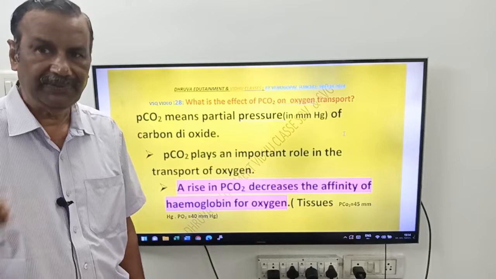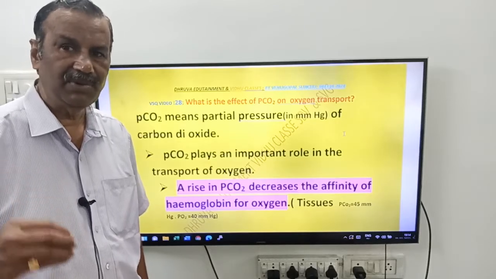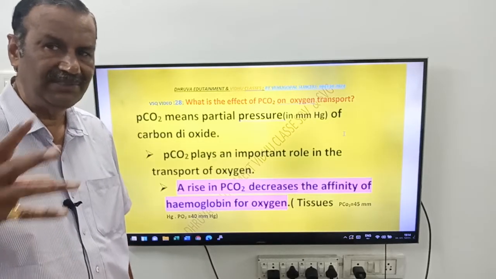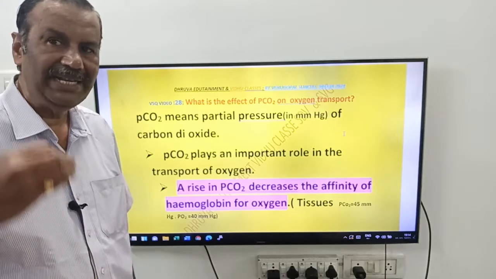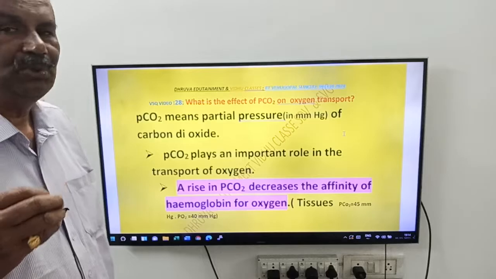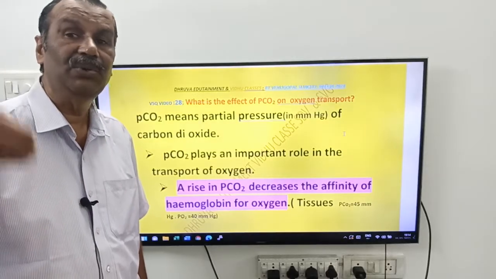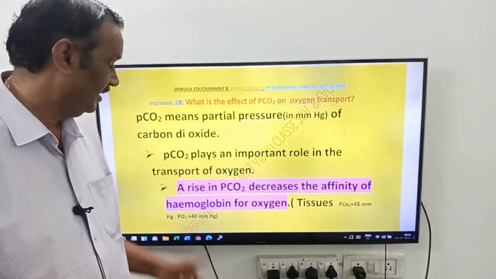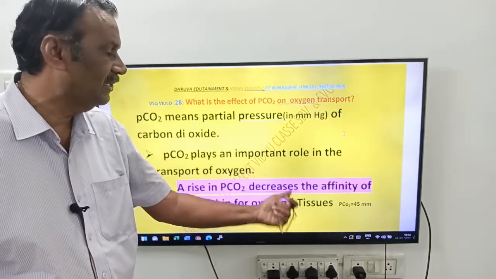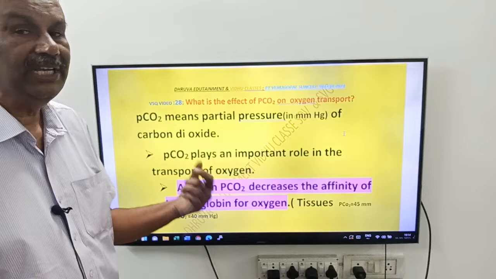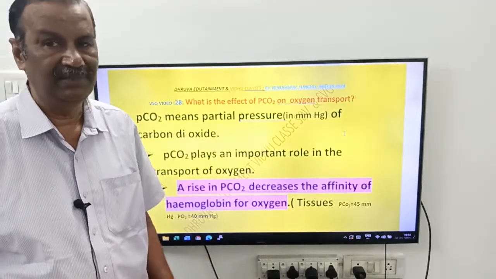Friends, if the partial pressure of carbon dioxide increases in the blood, automatically hemoglobin shows less affinity to oxygen. A rise in pCO2 decreases the affinity of hemoglobin for oxygen.